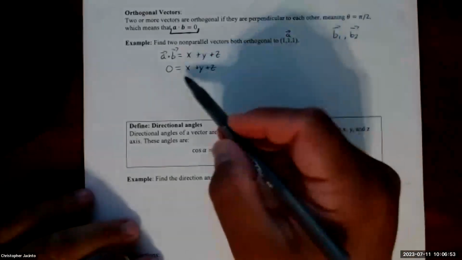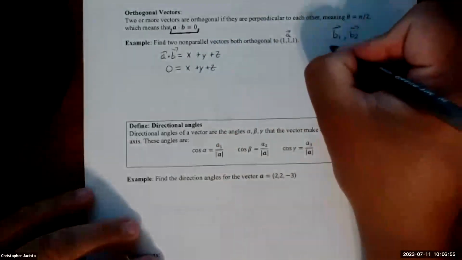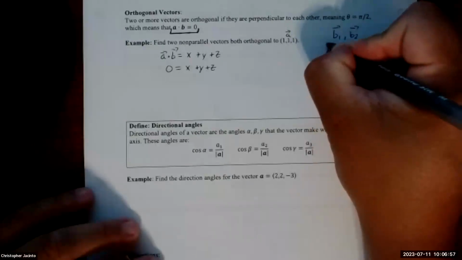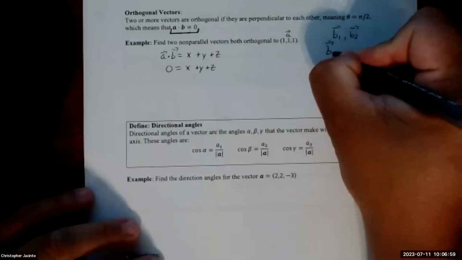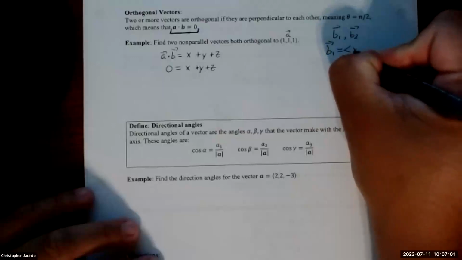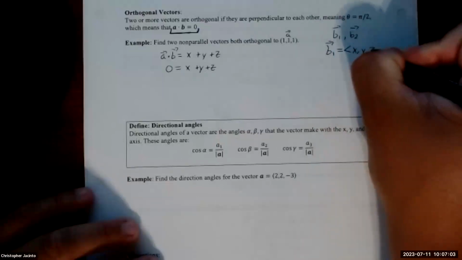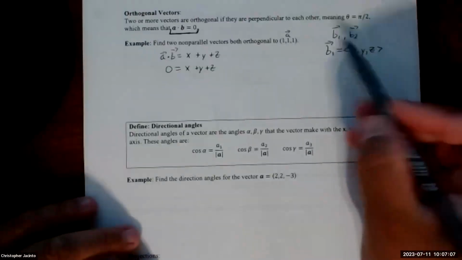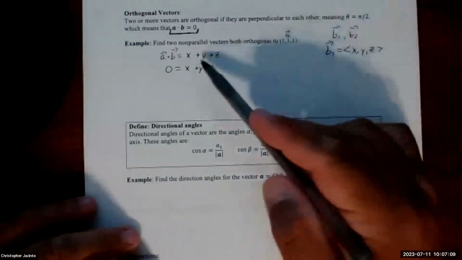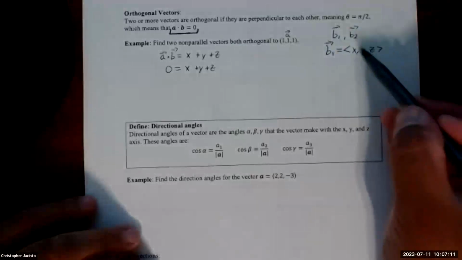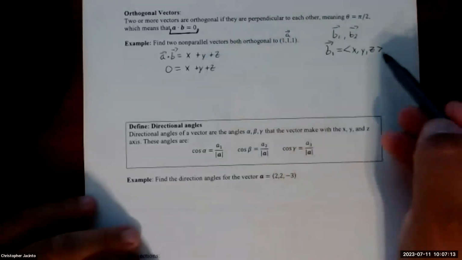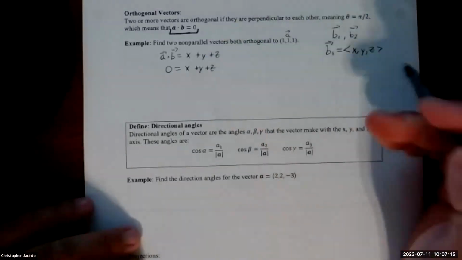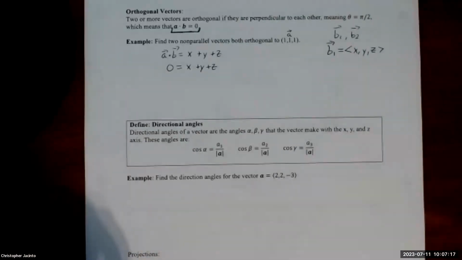Now, if you're wondering why they equal X, Y, and Z, let's suppose vector B1 is just the vector X, Y, and Z. So therefore, we do the dot product of that. X times 1 is just X, Y times 1 is Y, and Z times 1 is Z. There you go, if you wondered where that came from.